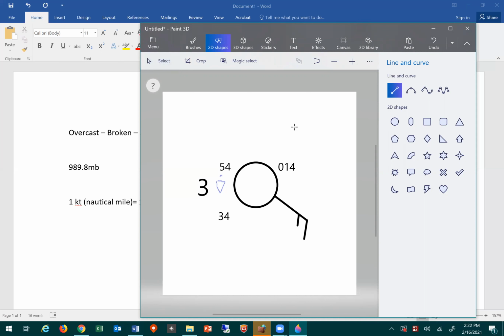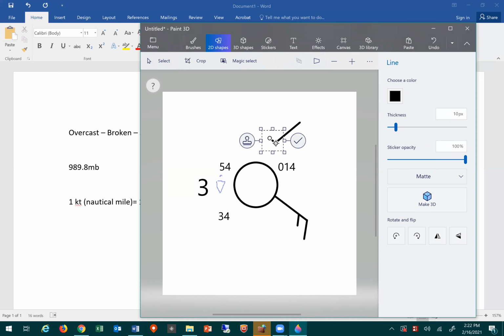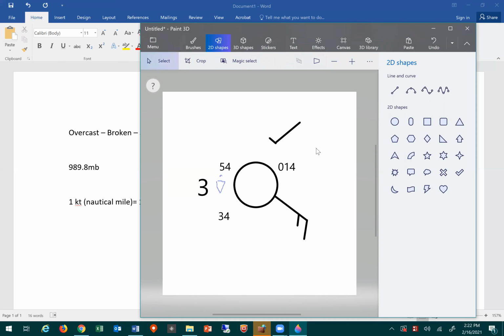Here's one. What would this one be if this was the wind? First of all, what's the direction? What direction are the winds in this example? Southwest. And how fast? Is it 5 knots or 10 knots? How do you know if that's long or short if it's the only one on there?